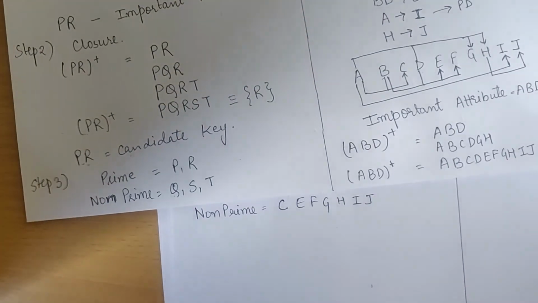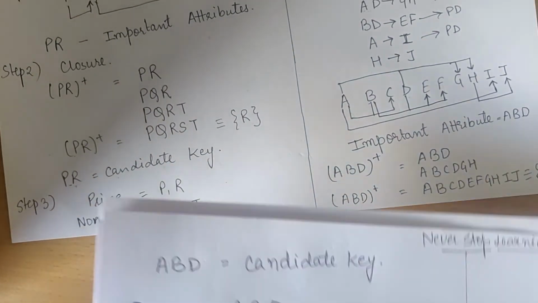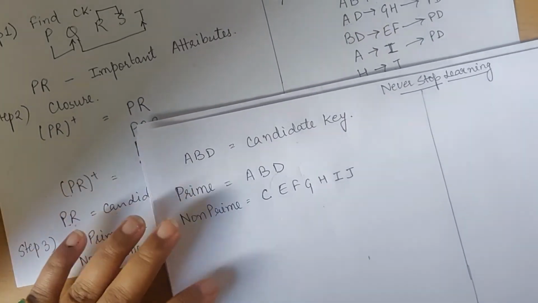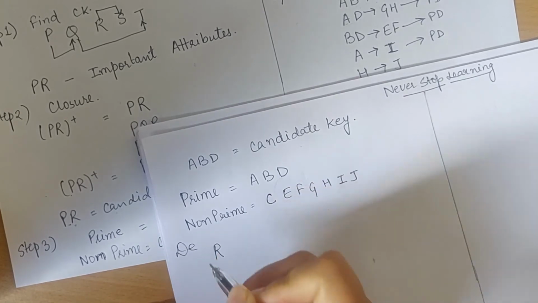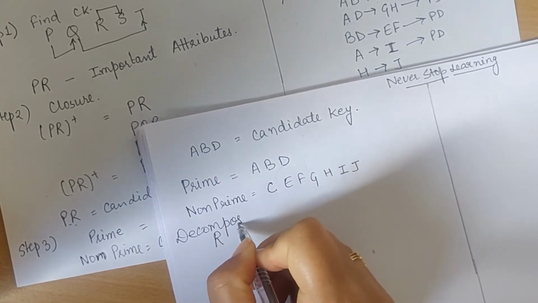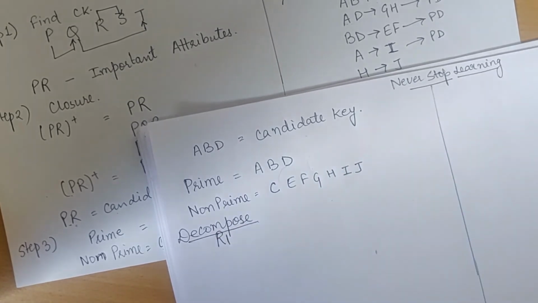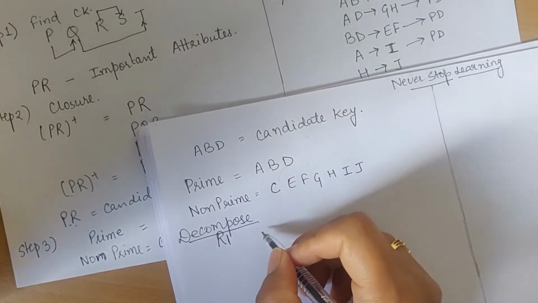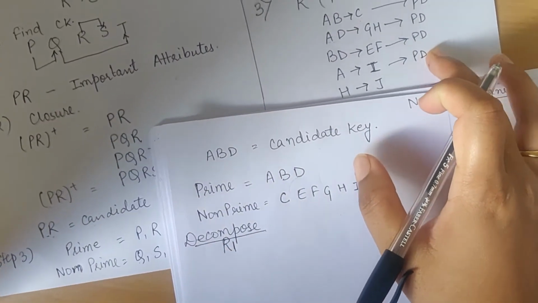So let's decompose it. For decomposition, as I told you from the first question, I will create R1 for the candidate key and any other attribute which is fully functionally dependent on the candidate key.